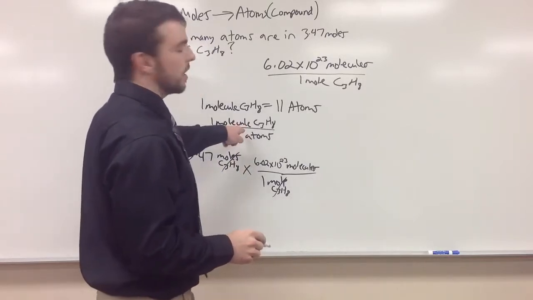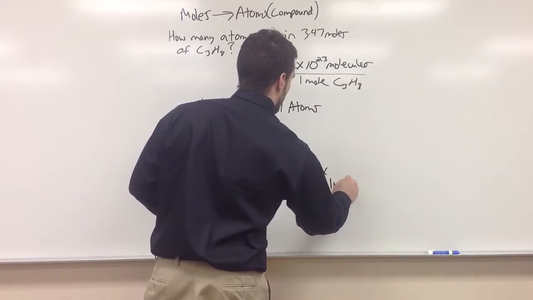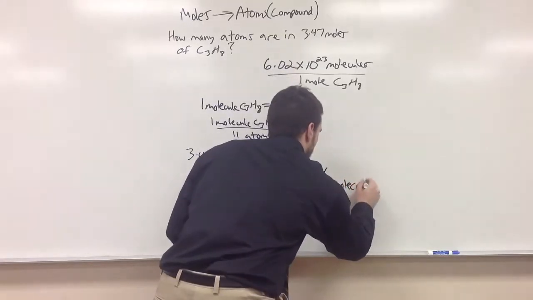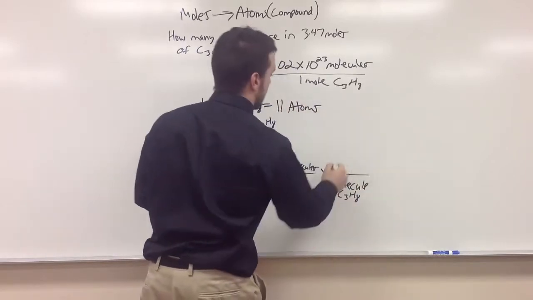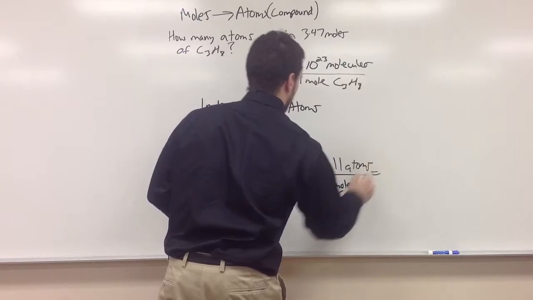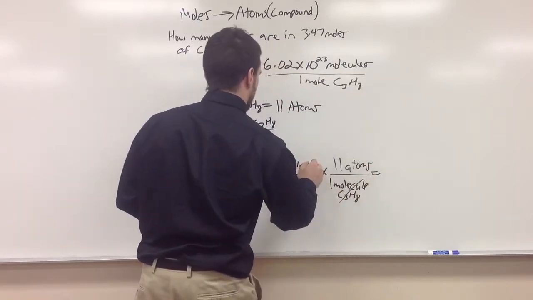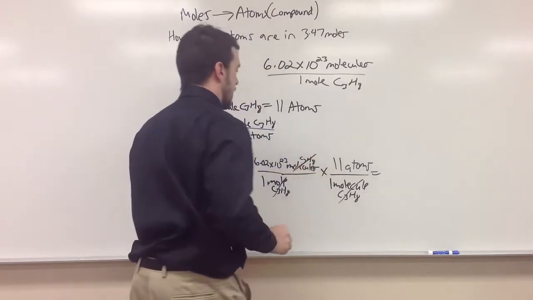So then we have to use our other conversion factor, which is for one molecule, we have 11 atoms in it. So molecules cancel out. C3H8 molecules, don't forget to label.